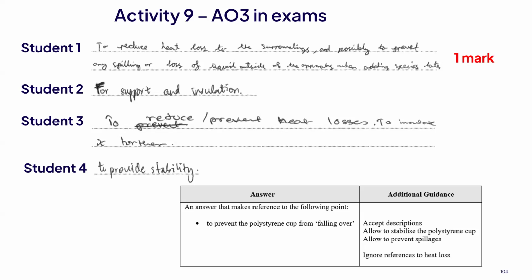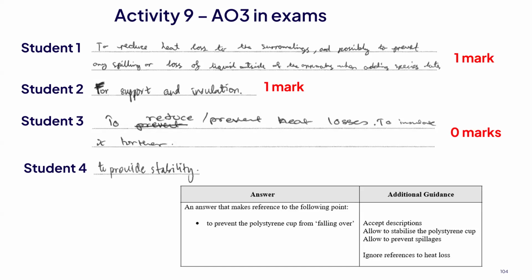Student 2, insulation, just ignore that. To provide support is, to my mind, equivalent to preventing the polystyrene cup from falling over. So 1 mark. I think that's close enough to allow. The next one, to prevent heat losses or to insulate, ignore.